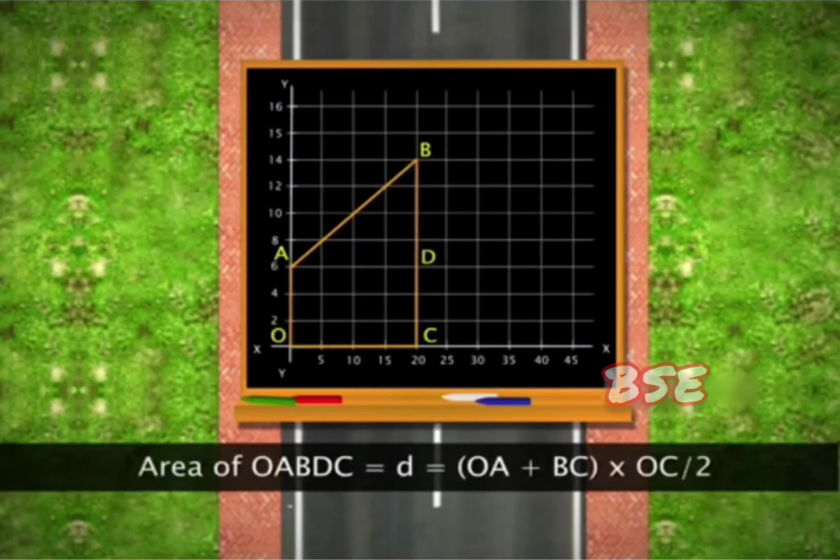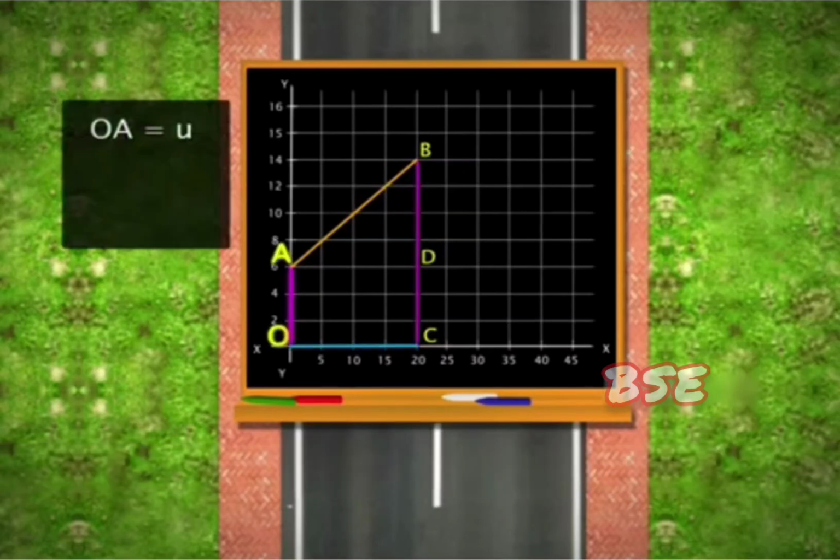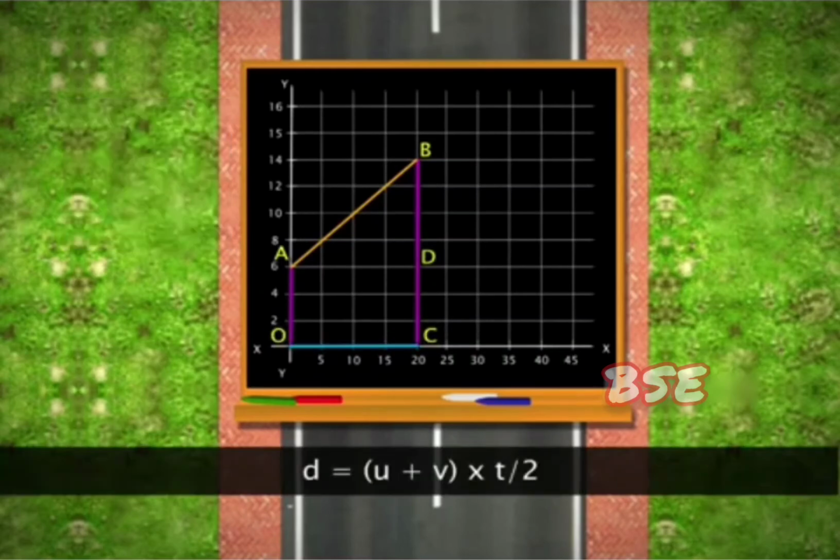So, the distance traveled by the car is depicted by this equation, which calculates the area of the trapezium OABDC. But OA is the initial velocity, BC is the final velocity, and OC is the time taken. So the distance traveled can be depicted by this equation.